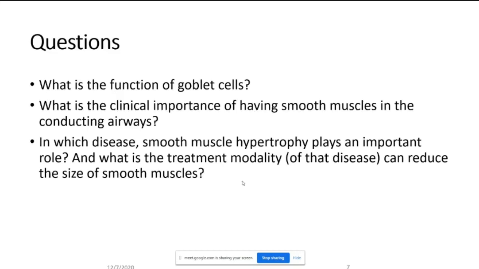Is there a modality of treatment of asthma that targets this smooth muscle? What is this modality? Beta agonist? Beta agonists will not target the smooth muscle mass. We want a treatment modality that reduces the size of the smooth muscle. It is called bronchial thermoplasty. Bronchial thermoplasty is a method of treatment of asthma that targets smooth muscle hypertrophy. It reduces the size of the smooth muscle.